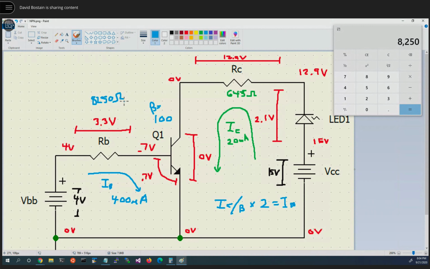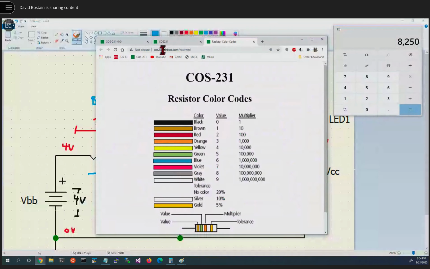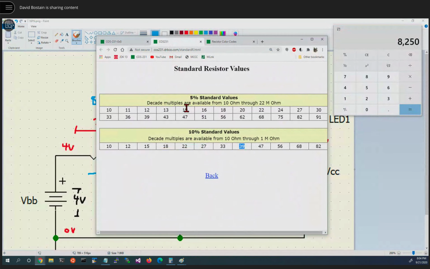So let's look at what we have available to us. We're trying to find a 645 ohm resistor first. Well, we got something about halfway between these two. Now, the question is, does it matter which one we pick?